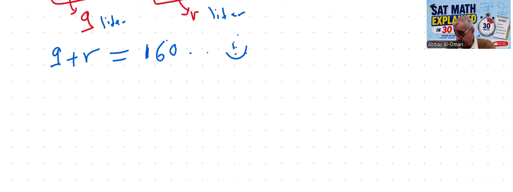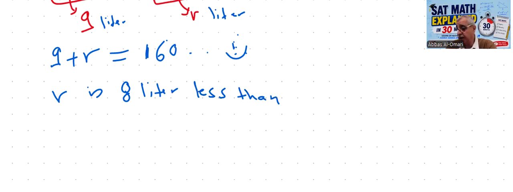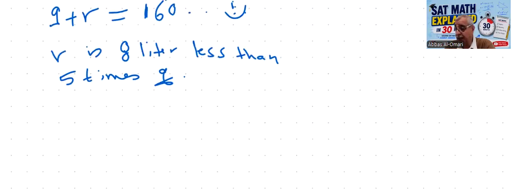The other condition says that R, the number of liters in the second container, is 8 liters less than 5 times Q. So R liters, the oil put in the second container, is 8 liters less than 5 times the oil placed in the other container.